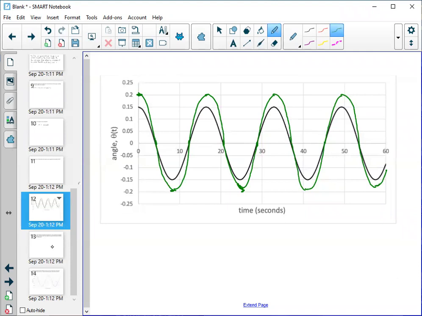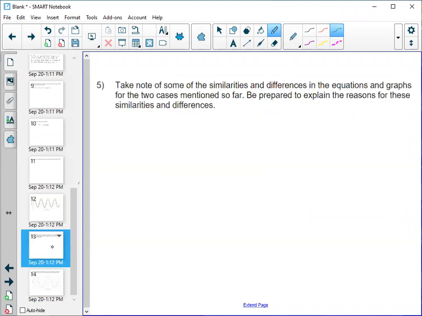And is it part 5? Yep, part 5. It says, take note of some of the similarities and differences in the equations and graphs for the two cases mentioned so far. Be prepared to explain the reasons for these similarities and differences. Okay, so we have a couple of equations here. Let's call them case 1 and case 2.